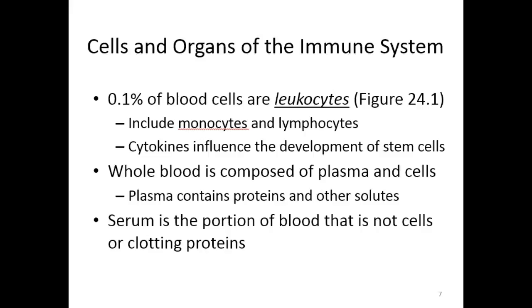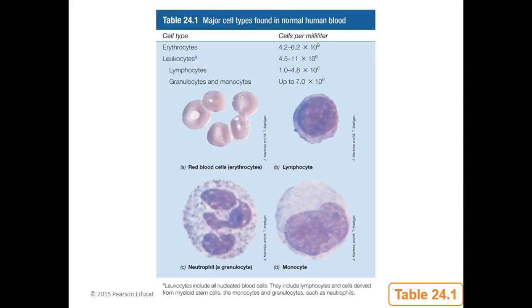The whole blood is composed of plasma and these white blood cells as well as the red blood cells, and also proteins and other solutes that are involved with clotting, homeostasis, and the immune response. When you spin the blood down and remove the cells, you get the serum. So blood is primarily made up of non-nucleated erythrocytes or red blood cells.